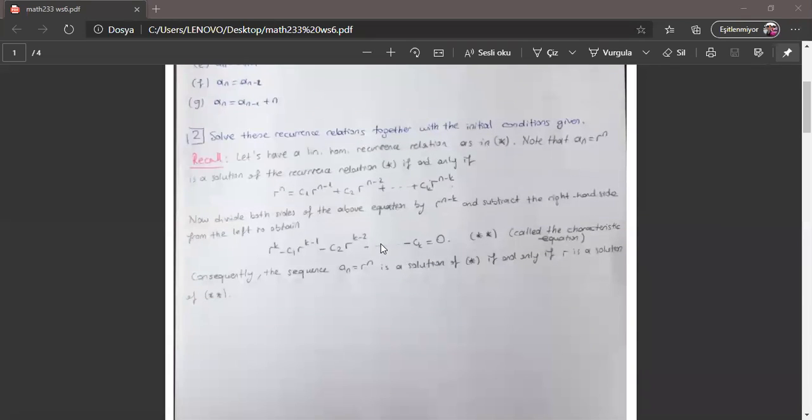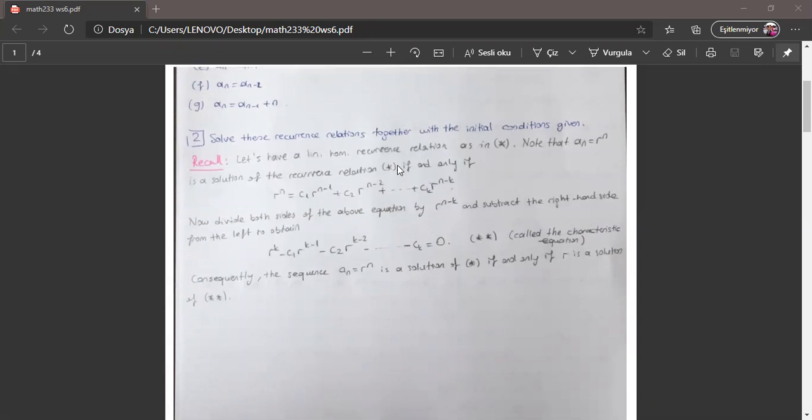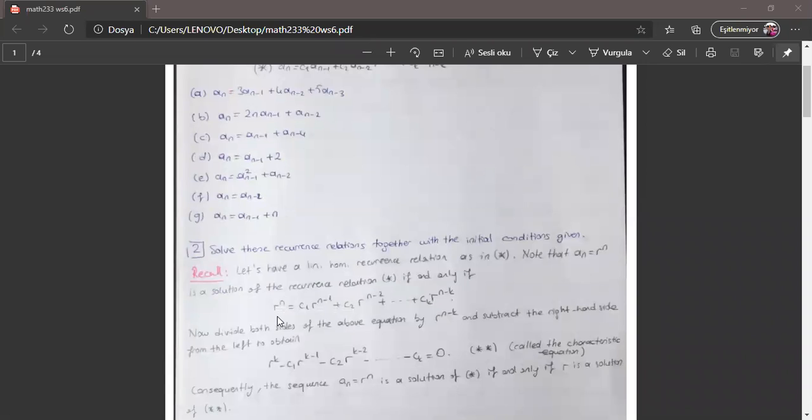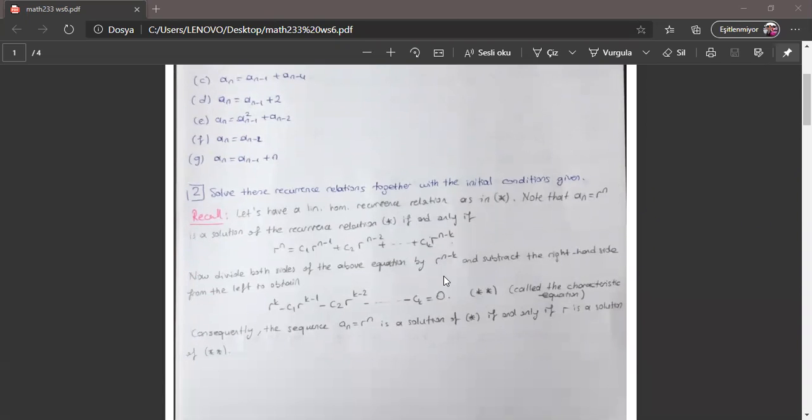So here we have the second question. We will solve the relations together with the initial conditions given. So here we have a recall again. If we have this equality, we can write, instead of a sub n, r to the n. We write it and we have this value.